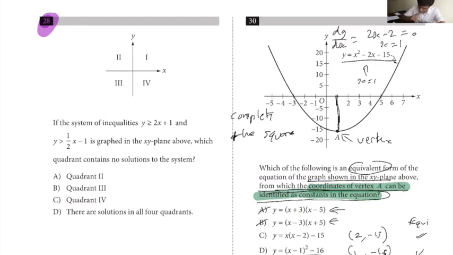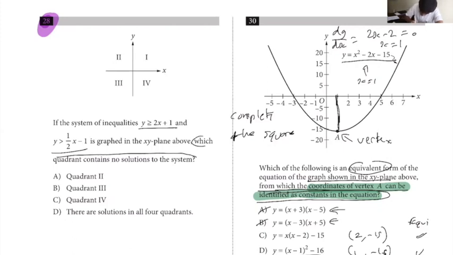And the question is, if the system of inequalities y greater than or equal to 2x plus 1 and y greater than half x minus 1 is graphed on the xy plane above, which quadrant contains no solutions to the system? So what I underlined was the 2 inequalities given to us. Perfect.